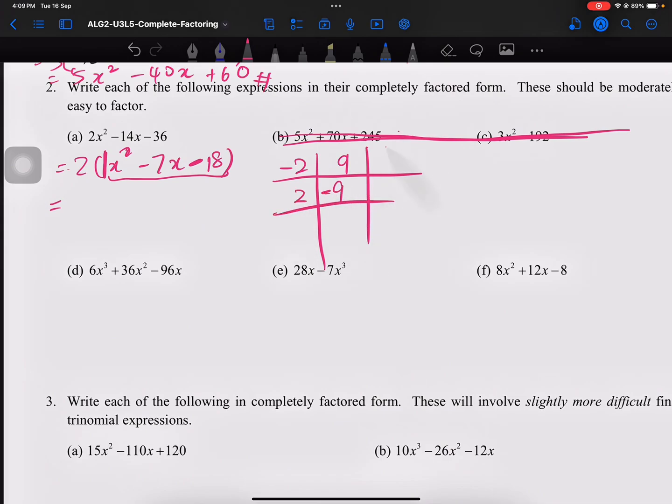So when we multiply, it gives us minus 18. But when we add, look at which one becomes 7. So minus 2 plus 9 is positive 7. Plus 2 minus 9 is minus 7. So I know that this will be my factor. So 2 times x plus 9, x minus 2. Okay, so you can check by expanding again this bracket and multiply 2. Okay, so this is the answer.